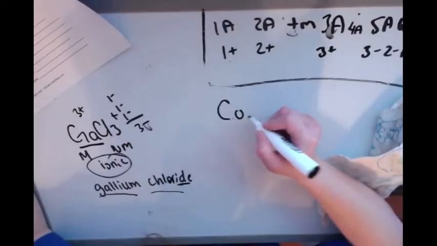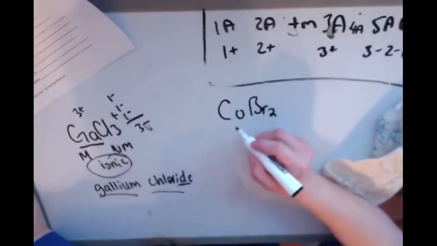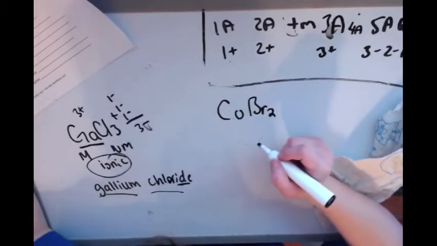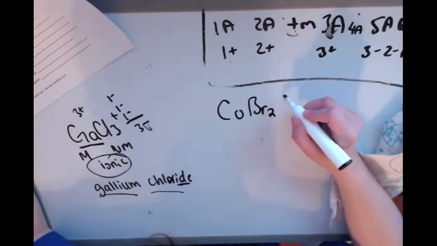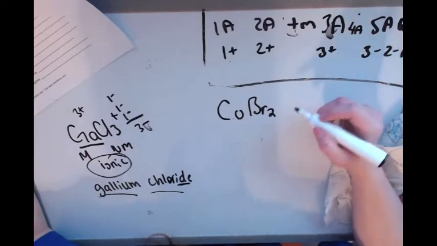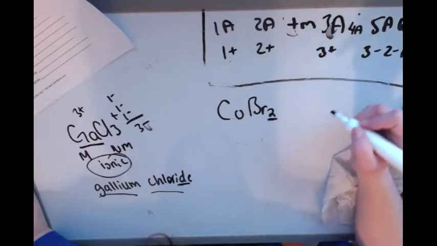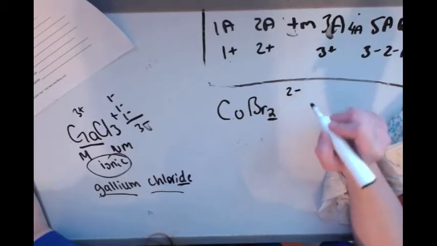Next up we have CoBr2. Now cobalt is a transition metal, so we will need Roman numerals. Br is in the 7A column, and it has a charge of 1 minus. One bromine has a charge of 1 minus. There's a subscript here for 2 of them, so we have a total negative charge of 2 minus.